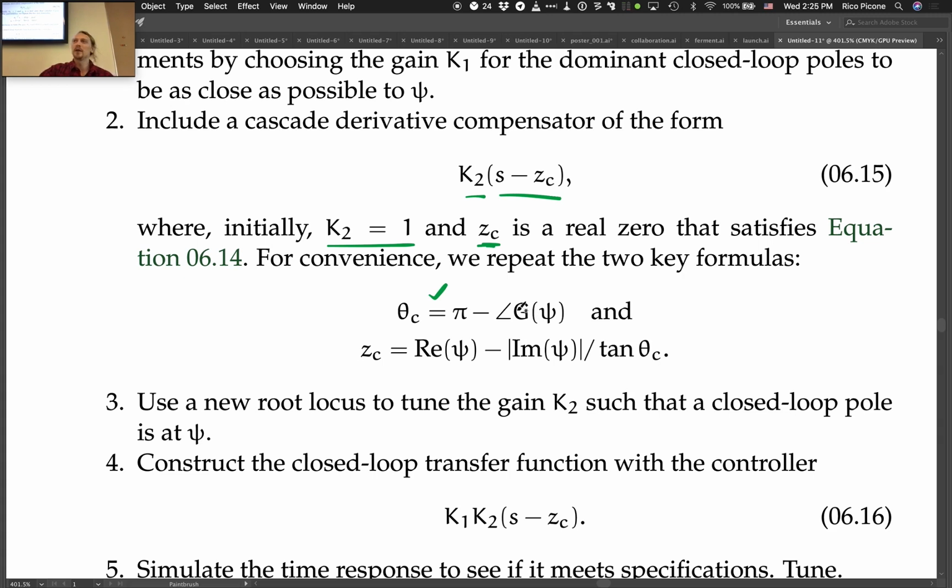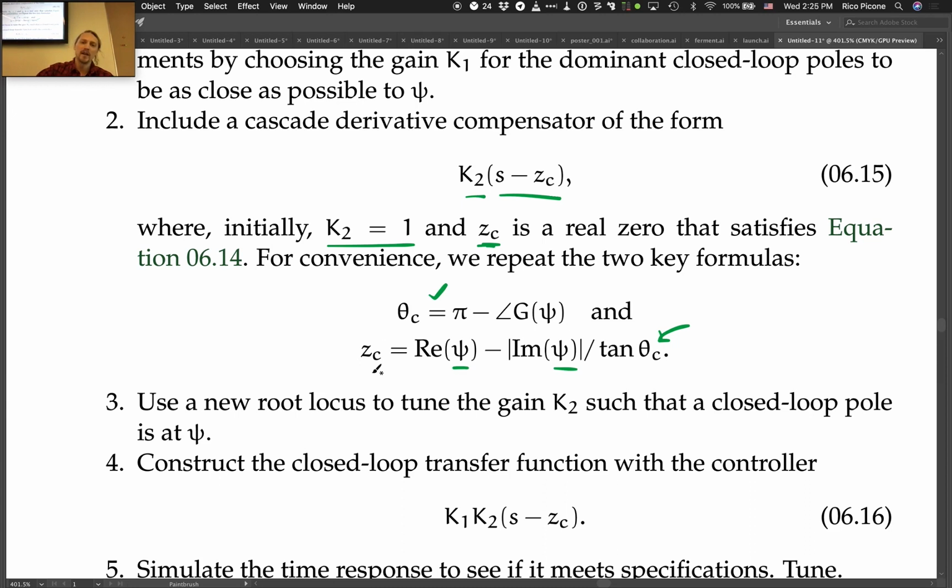It sort of depends on which wrap you want to be on. And then your ZC, you can compute, since you know theta C and you know where your test point is. So there you go. That's step 2. So you did derivative compensation. But you haven't finished, so step 3 is to do the new root locus to determine K2.